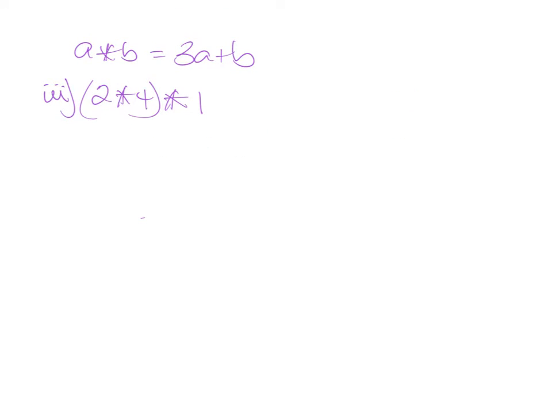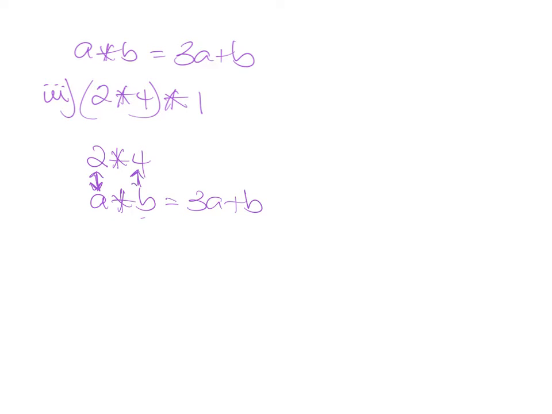Okay, so we have the same question. A star B is equal to 3A plus B, but now they want us to work out 2 star 4 star 1. So to work out 2 star 4 star 1, we do the brackets first. So let's work that out first. 2 star 4. So we go back to the formula. A star B is 3A plus B. So therefore, A is lining up with 2.